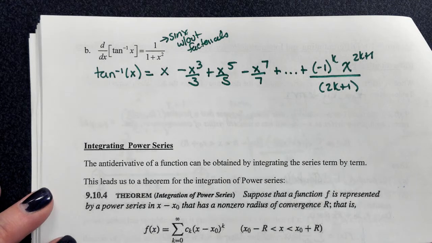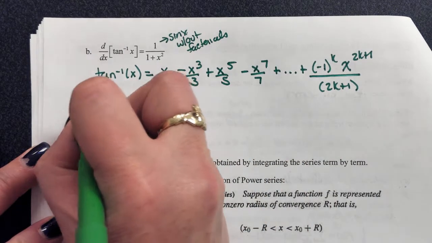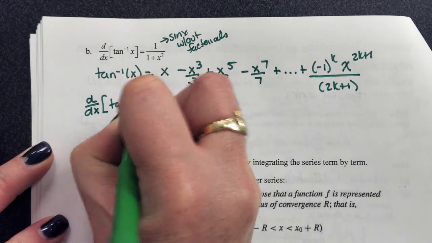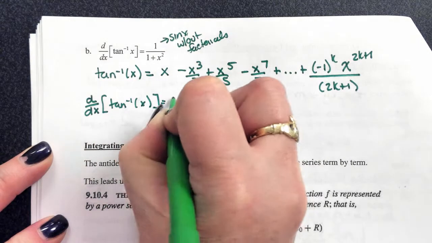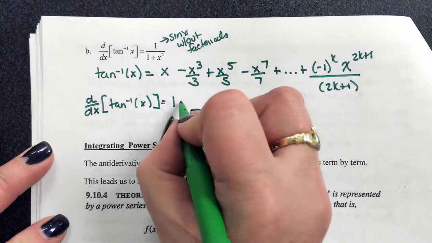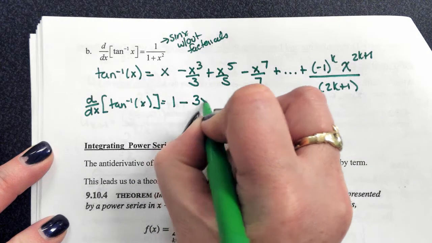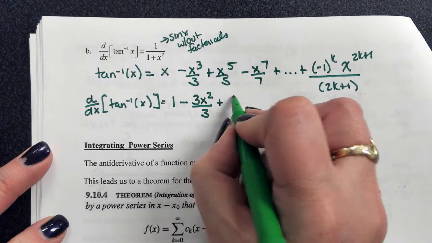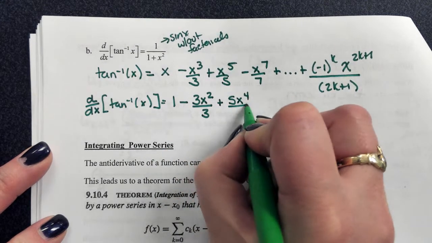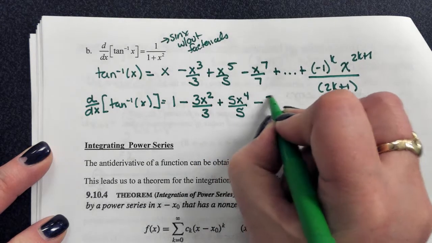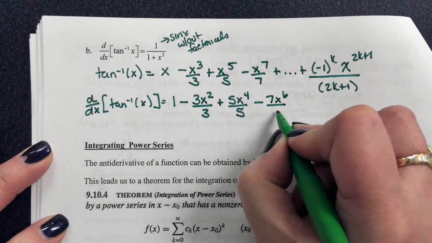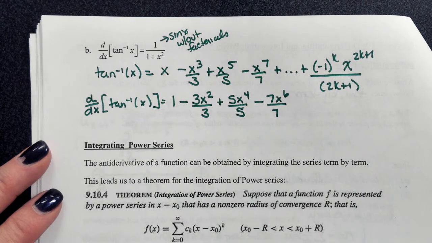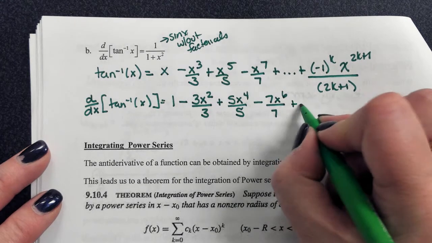So then when I differentiate term by term, this is going to leave me with a 1 minus 3x squared divided by 3 plus 5x to the 4th over 5 minus 7x to the 6th over 7 plus your dot, dot, dot, plus.